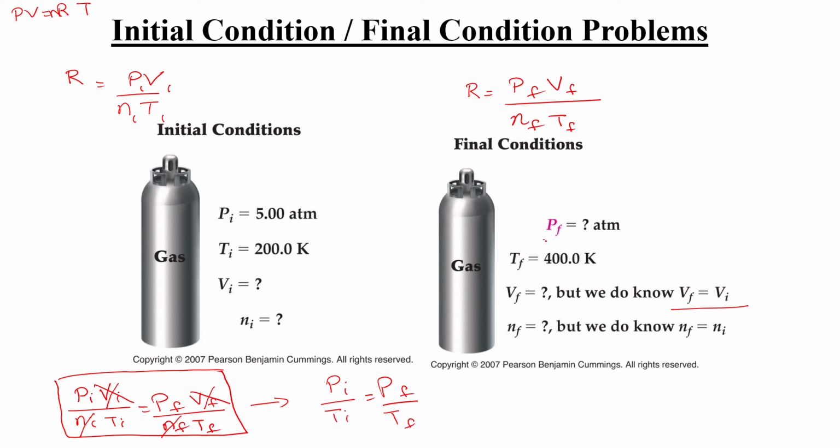And since you are finding final pressure, Pf, you're going to rearrange this equation, meaning you're going to move Tf from here to here, and the final equation that you will use to solve this problem will be this.